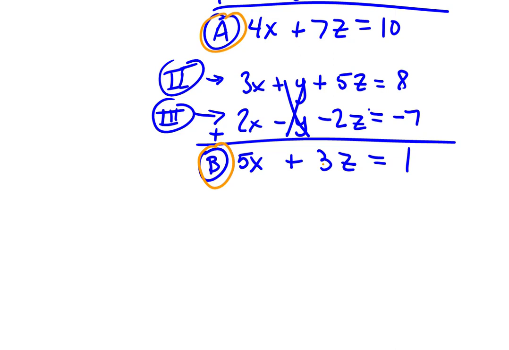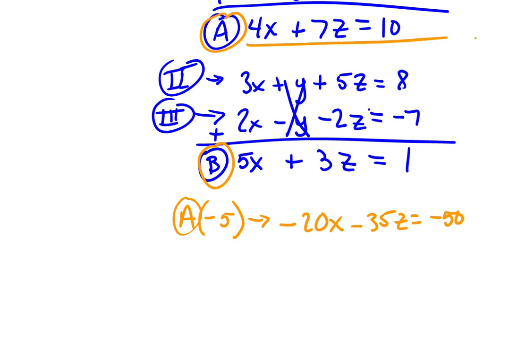If I picked to eliminate x's for equations A and B, then I would take equation A and multiply it by, let's say, -5. Okay, so if I do that for equation A, that will give me a -20x minus 35z equals -50. So we're going all the way across equation A, multiplying by -5 for that result.